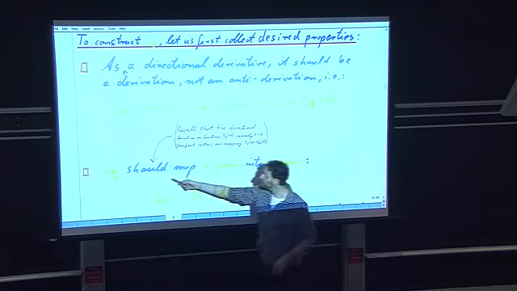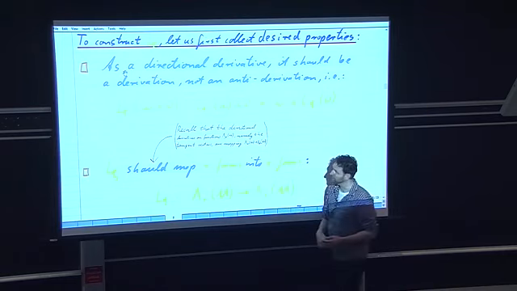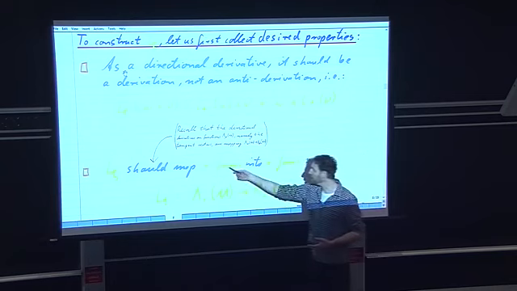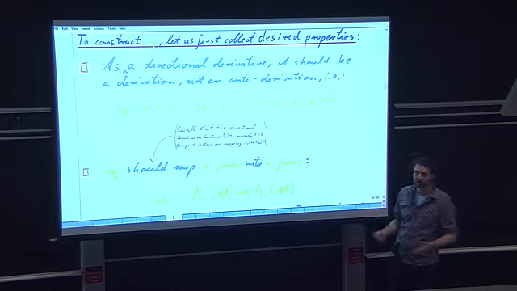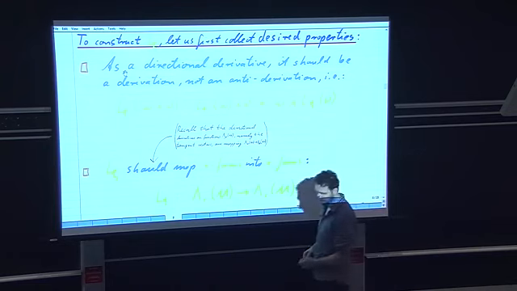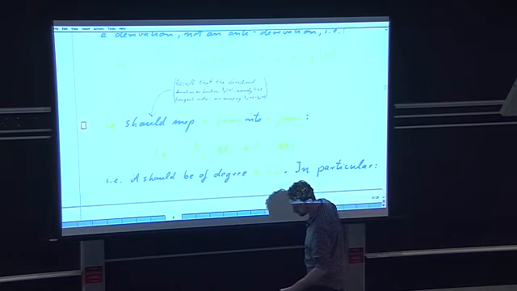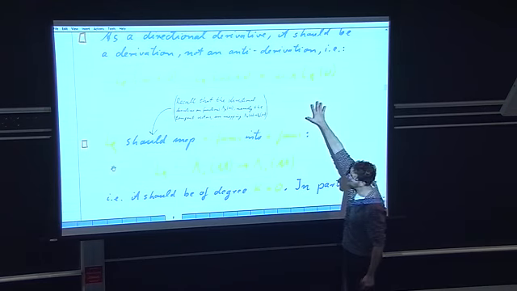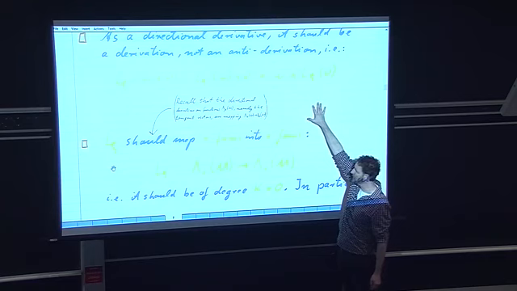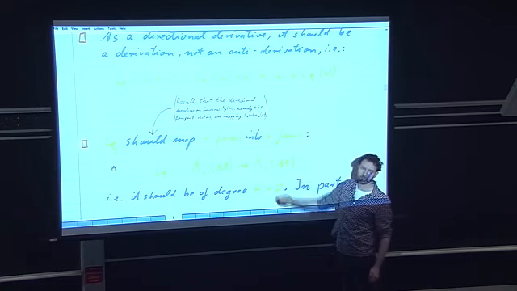Also, it should map k-forms into k-forms. The directional derivative of a k-form should be a k-form, just like the directional derivative of a zero-form, a function, is a function again. So therefore, what we want is a derivation of the Grassmann algebra of degree k equals 0.